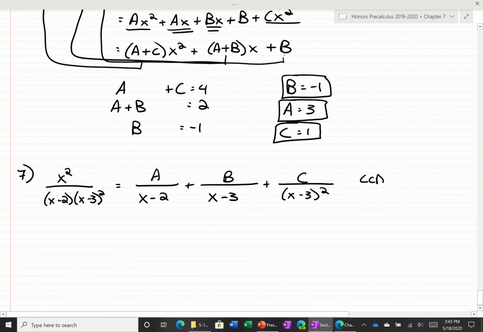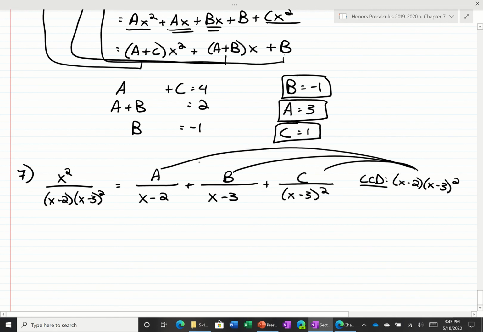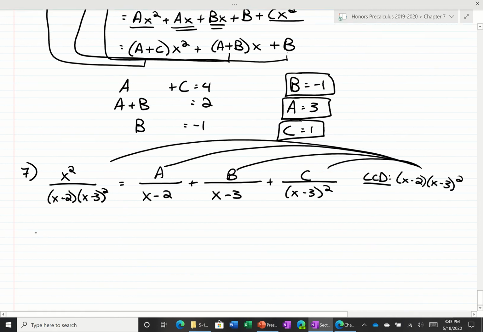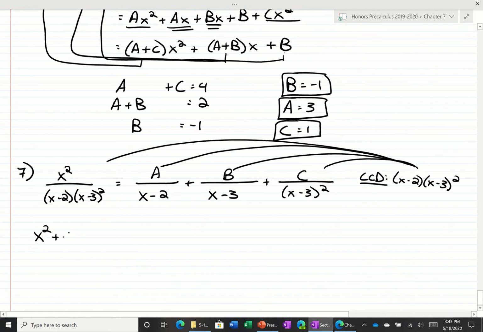So once we multiply up our least common denominator of x minus 2 times x minus 3 to the second, we'd get x squared plus no x plus nothing is equal to A times x minus 3 to the second plus B times x minus 2 times x minus 3 plus C times x minus 2.